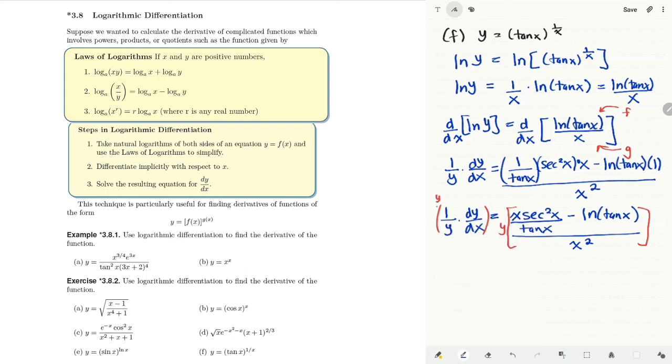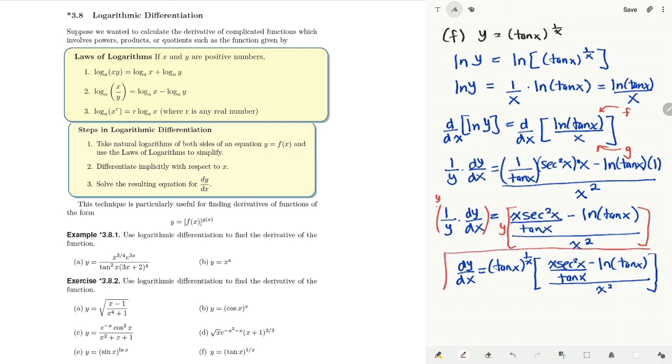So we have dy over dx is equal to the tan of x to the 1 over x, and that's all multiplied by x secant squared x minus the ln of tan x, and the x secant squared x is over tangent, and this is all over x squared. And this is our derivative.